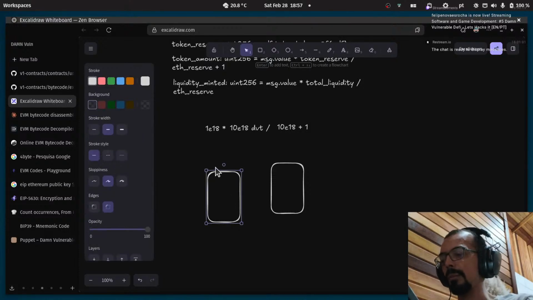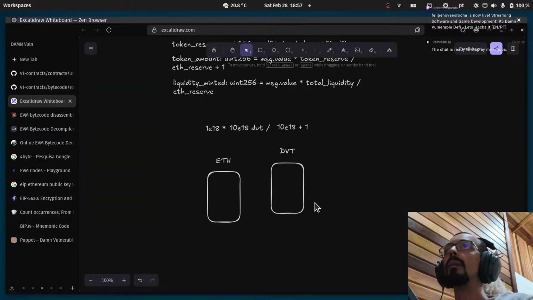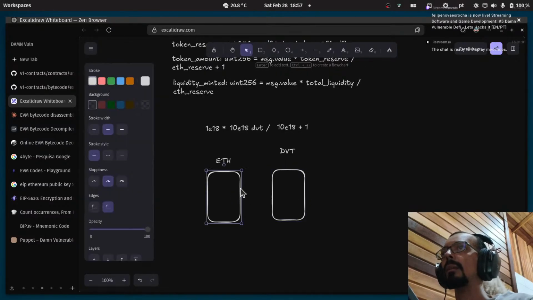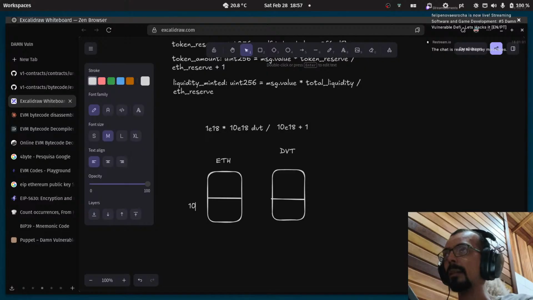That should be Ethereum. That should be the DVT token. So let's say we have these amounts here, that represent 10 and 10.